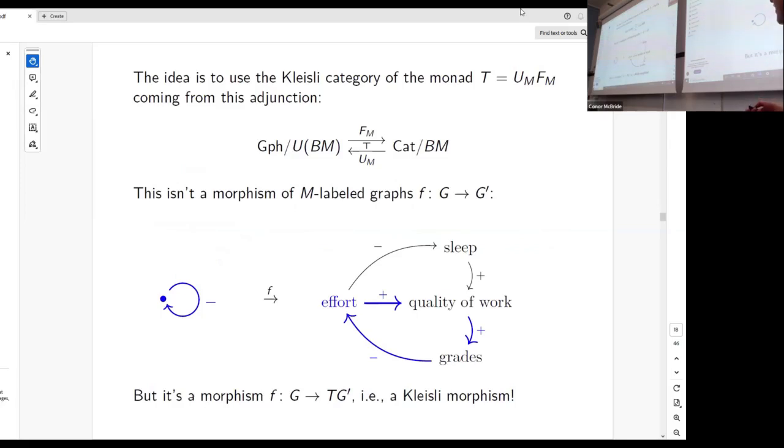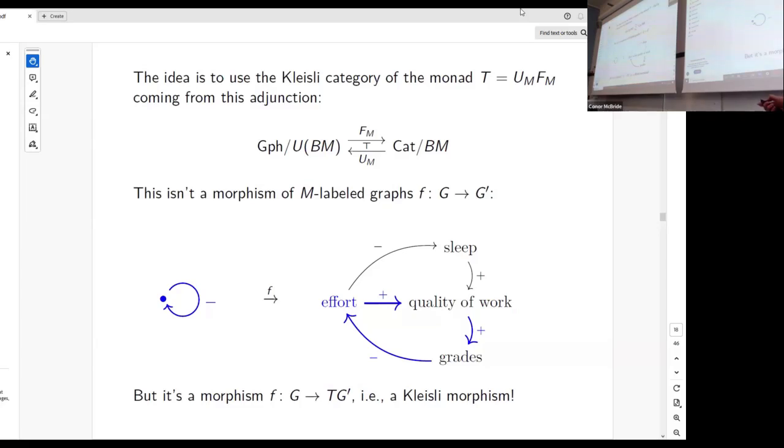That might be your first guess as to what kind of map you have from this to this, but you instantly see that it's not going to work because you would want to map this edge not to one particular edge in this graph, but to the whole loop consisting of three edges. And that's just not a map if you're talking about the category of M-labeled graphs, because an edge needs to be mapped to an edge. So we have to bring the M-labeled categories into this game.